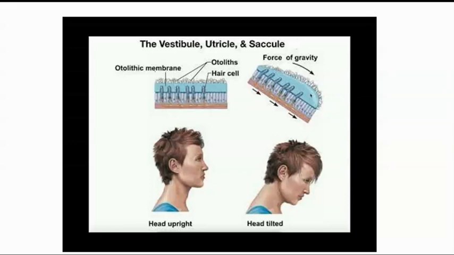So this equilibrium function is carried to the brain by the vestibular branch, whereas the function of hearing is carried by the auditory branch of the eighth cranial nerve. So this is about the anatomy of the ear. And in the next lecture, we are going to study about the mechanism of hearing.